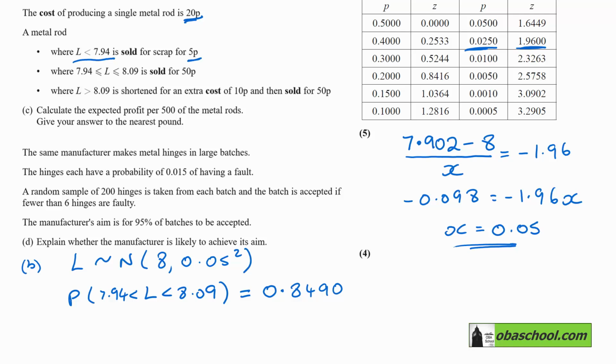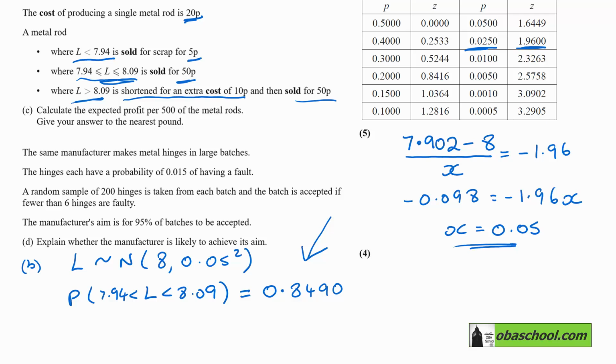If L is between 7.94 and 8.09, which is the one that we've just worked out, we sell those for 50p. When L is more than 8.09, it's shortened for an extra cost of 10p and then sold for 50p. We want to calculate the expected profit per 500 of the metal rods, giving our answer to the nearest pound.